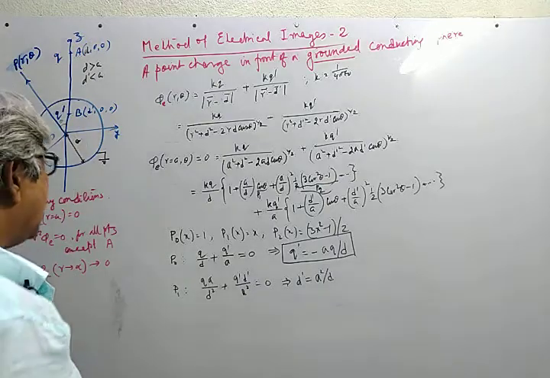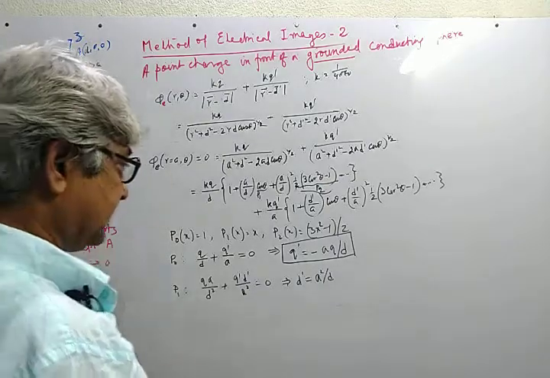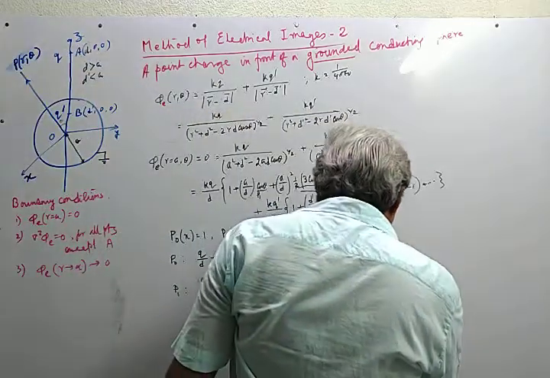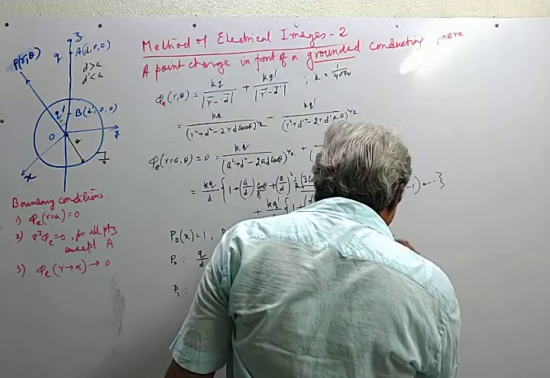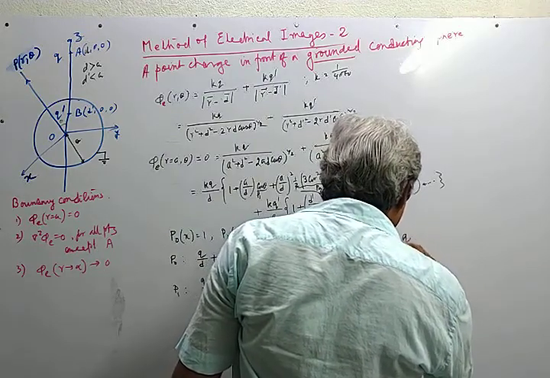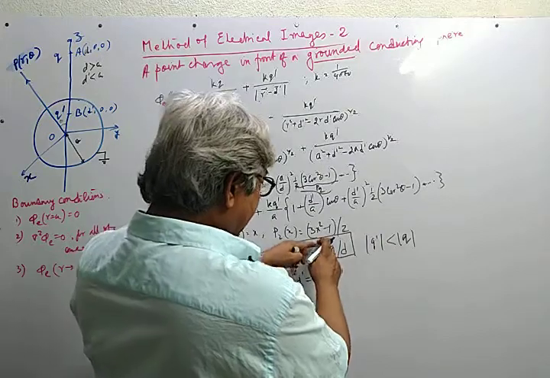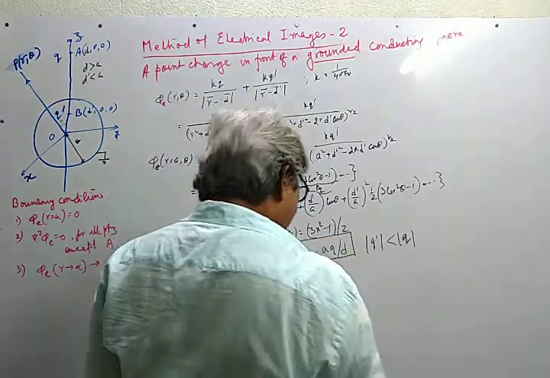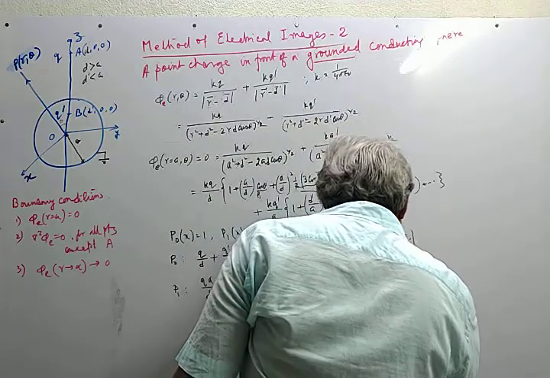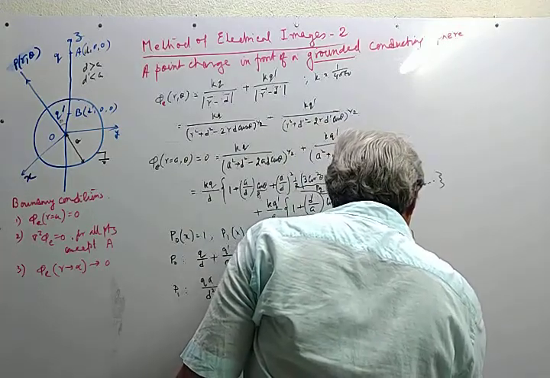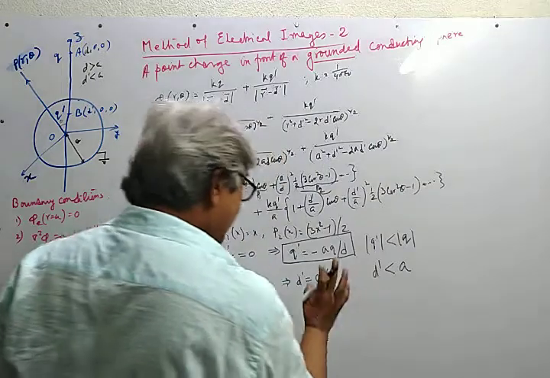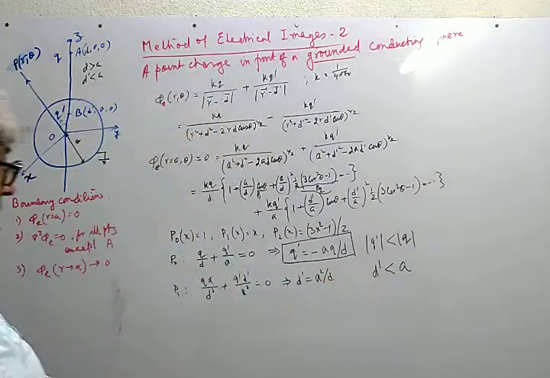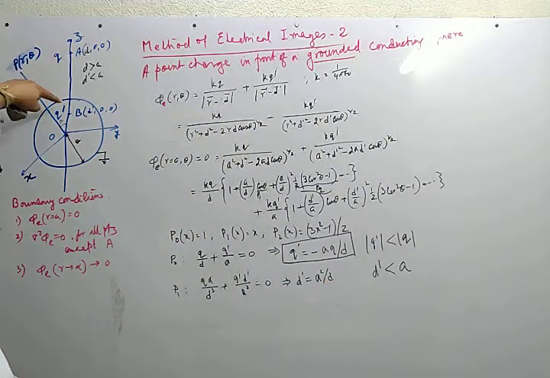As per our assumption, D is greater than A. That means the magnitude of Q prime is less than the magnitude of Q, because A is smaller and D is larger, and from this we get D prime is less than A. So indeed the image charge lies within the sphere.